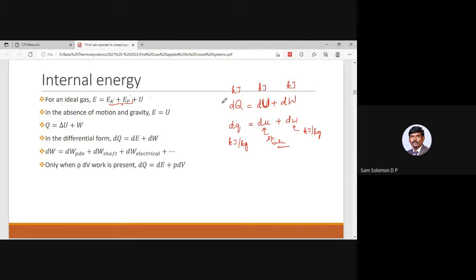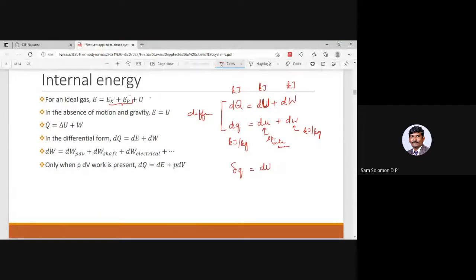So these two are in differential form. And the other way of writing it can also be using this delta. Delta Q is equal to delta u plus delta w. This is another way of writing it.